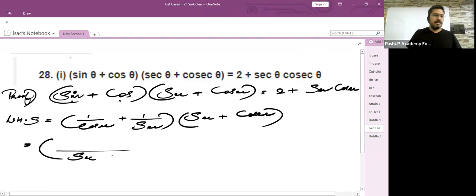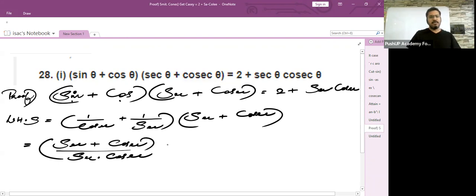So what is the LCM here? Sec into cosec. Did you all get the answer? When you apply the LCM method, sec into cosec divided by cosec, cosec cancels, only sec is left. Put the plus sign. Now sec into cosec divided by sec, sec cancels, cosec is left. So sec plus cosec, in a big bracket, into sec plus cosec.